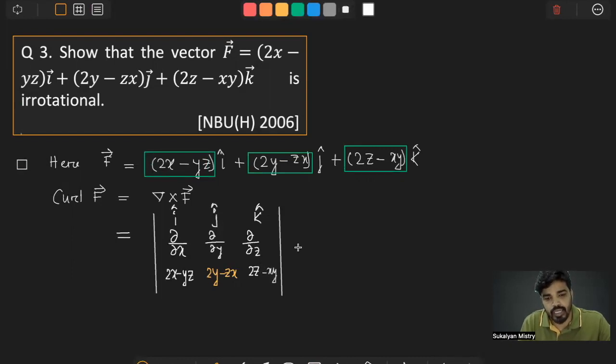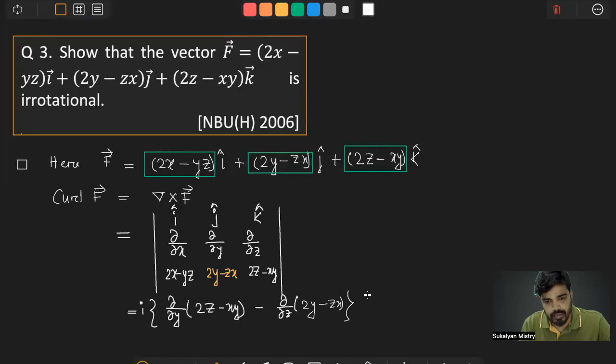So that is equal to i times del y of (2z minus xy) minus del z of (2y minus zx).